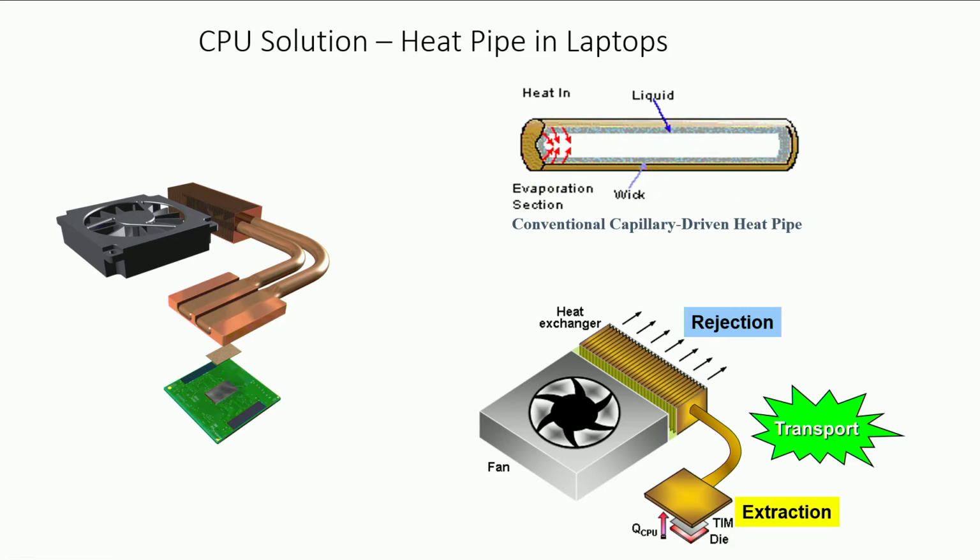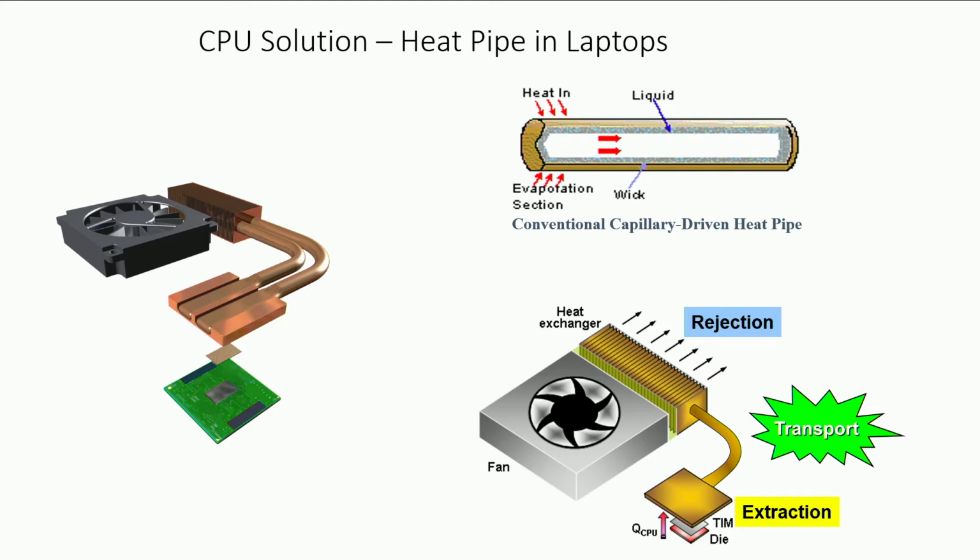Now, how does it work? It looks like a solid rod, right? Actually, it is not. It is actually a hollow rod. It is a hollow copper pipe you can think about with a few drops of a liquid, most commonly water, and at a lower pressure, typically 0.3 atmospheres or so. Why low pressure? Because the boiling point of water at 0.3 atmospheres is around 70 degrees centigrade. Now, what happens?